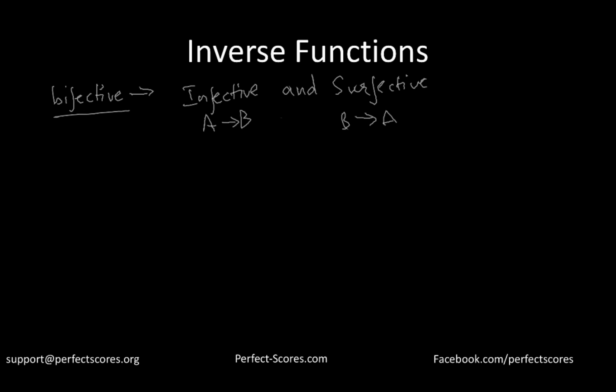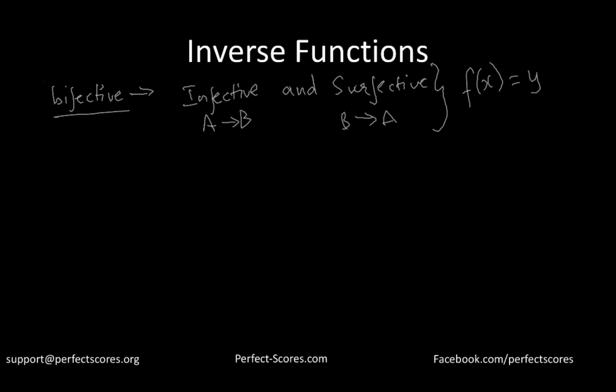So it's injective also and it is surjective also. Now what that means is that we can say the function is completely mapped, and every value of x has a value of y. So this is what we say a function. A function is f of x is equal to y, and it is bijective.